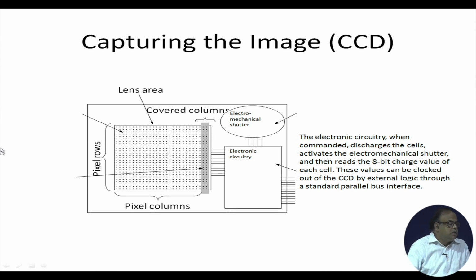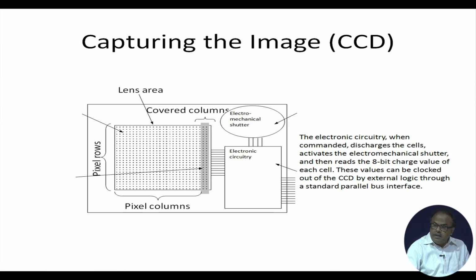Now, these dots that you can see here are the different CCD cells. This is the lens area, and the image will be incident on this, and depending on the image, some of the cells will be activated, some will not.